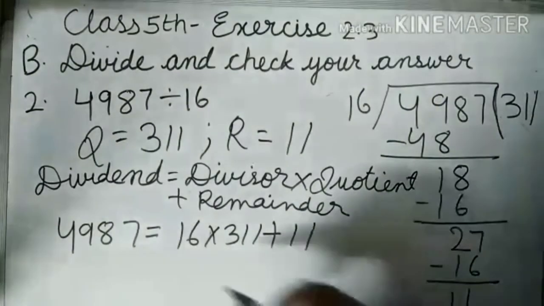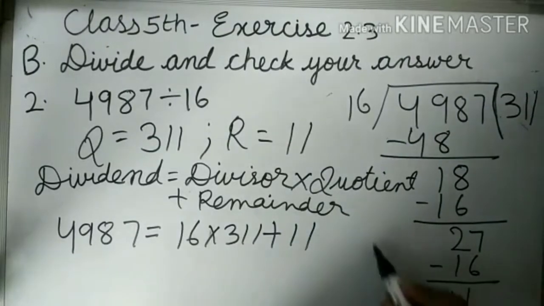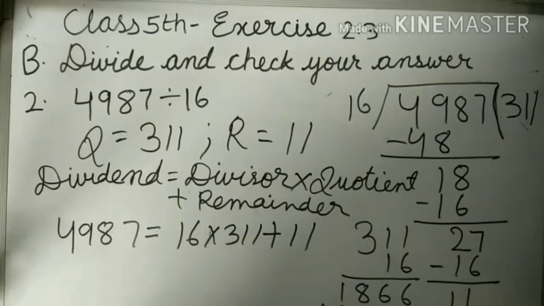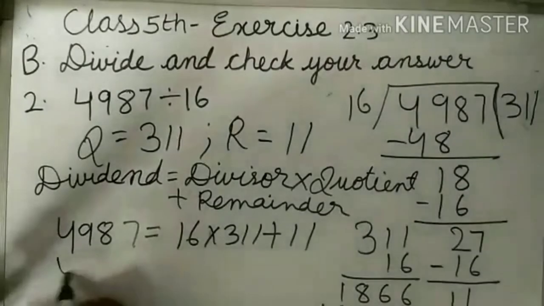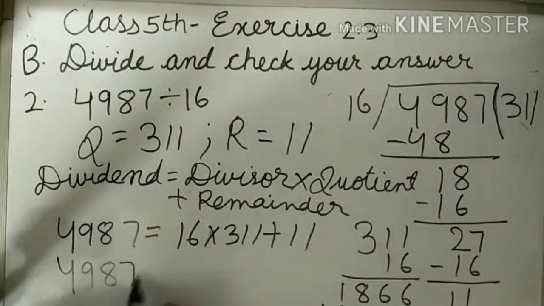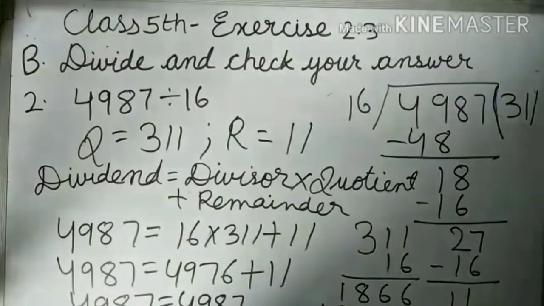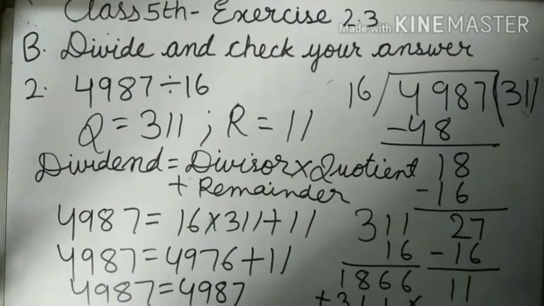So now we multiply 16 with 311. 6, 6, 18. 113. 4976. 4987 is equal to 4976 plus 11. Again, both terms are equal. So, is this division also correct?